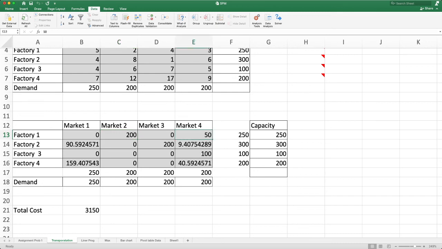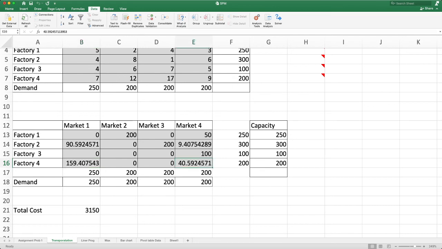Factory 2 has to supply 90.59 units to market 1, 200 units to market 2 and 9.4 units to market 4. Factory 3 has to supply 100 units to market 4, and factory 4 has to supply 159.4 units to market 1 and 40.5 units to market 4.